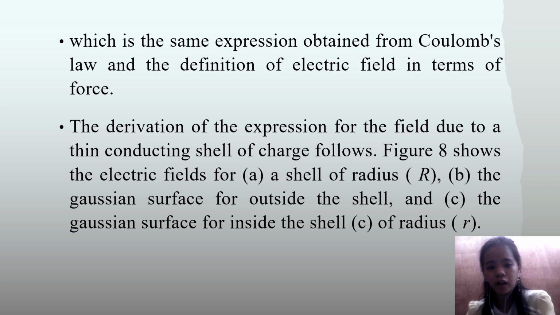The derivation of the expression for the field due to a thin conducting shell of a charged ball shows the electric field for shell radius R: B is the Gaussian surface outside the shell, and C is the Gaussian surface inside the shell.